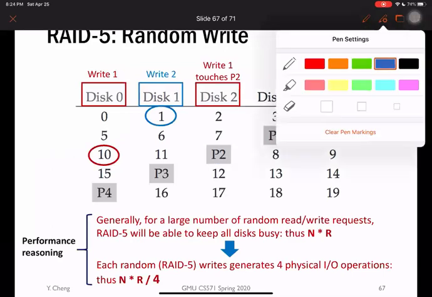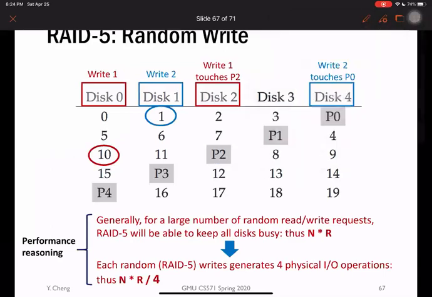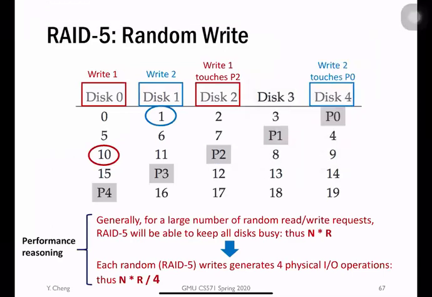So this slide gives a more detailed explanation. So the performance reasoning process is over here. Generally speaking, for a large number of random IOs, random read and write, RAID-5, sorry, is able to keep all disks busy. So this is for random read, which is n times r.